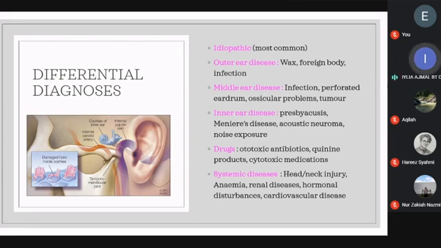So the differential diagnosis is why the patient has tinnitus. First, you need to rule out the reason why the patient has hearing loss. It can be some disease in the outer ear, middle ear, or inner ear, like mentioned earlier. It can also be sensory hearing loss due to drugs, chemotherapy, or antibiotics, which can be toxic to the cochlea. It can also be because of systemic diseases.